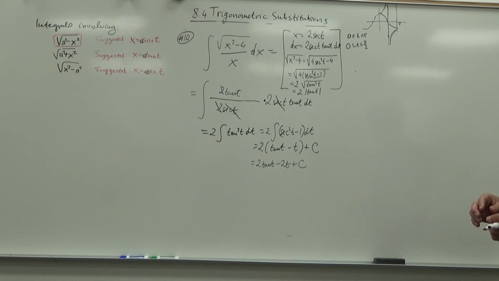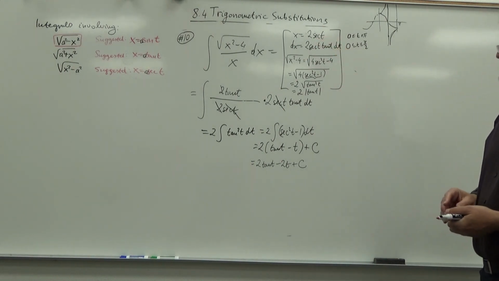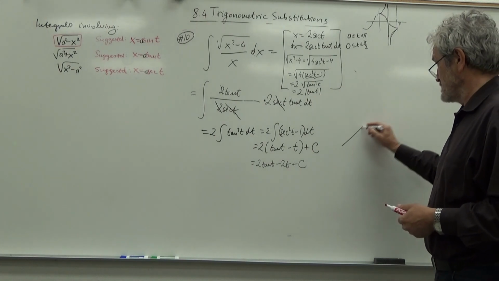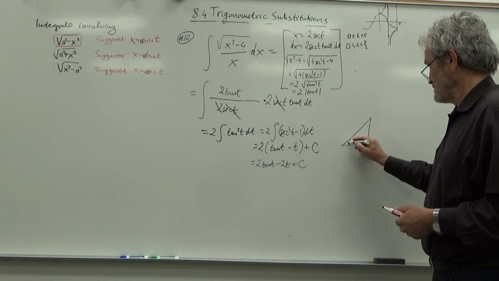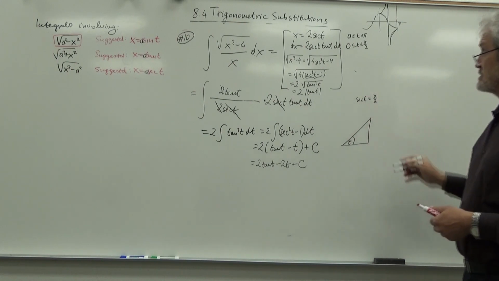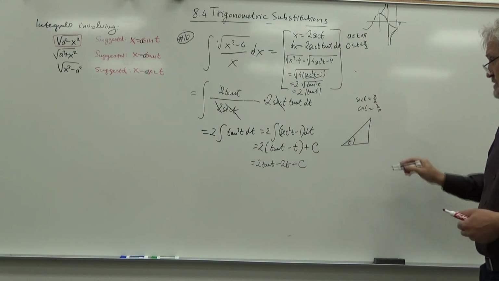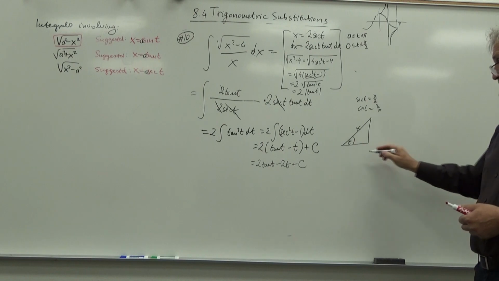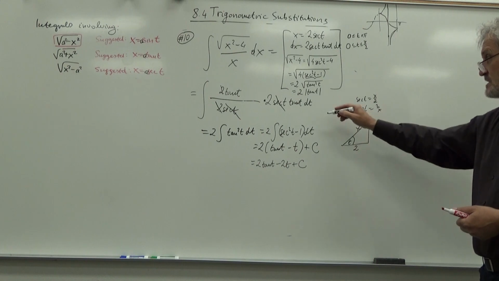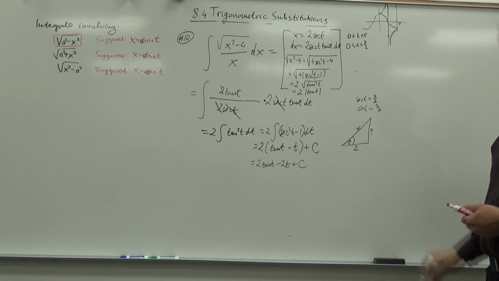Here we have the same situation: we have secant in terms of x, and we need tan. The same business. So generally here is your t. We know that secant t is x over 2. If you don't like that, you can say cosine t is 2 over x. x is on the hypotenuse, adjacent is 2. That missing side, I cannot call it t anymore because I used that as the substitution, so I can call it question mark.